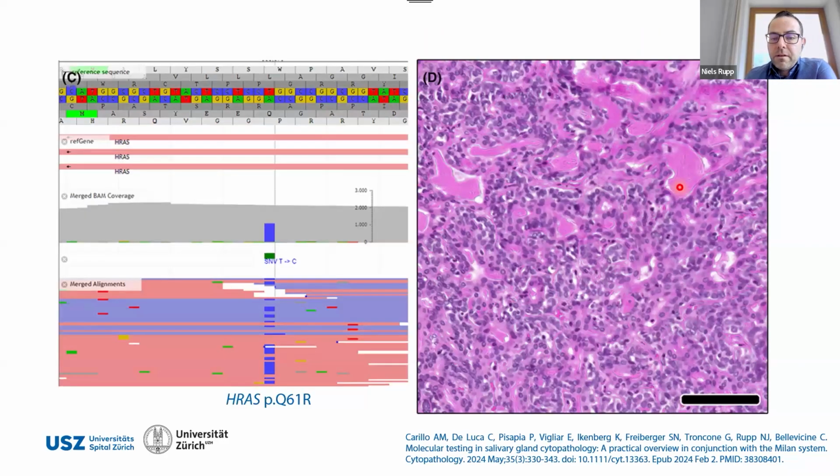In particular, in unusual variants, it can be very difficult. For example, this case also shows an HRAS Q61R mutation, and on the right side you can see a more basaloid morphology. Sometimes EMCs can show very weird variants, which can be very difficult to diagnose. There, the detection of an HRAS mutation can really help to corroborate the diagnosis.